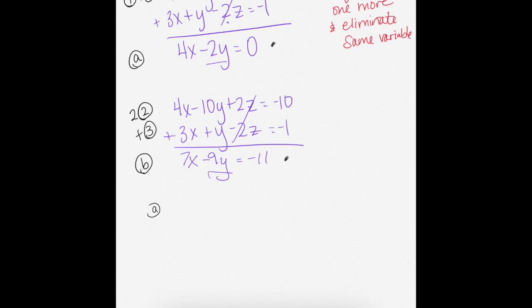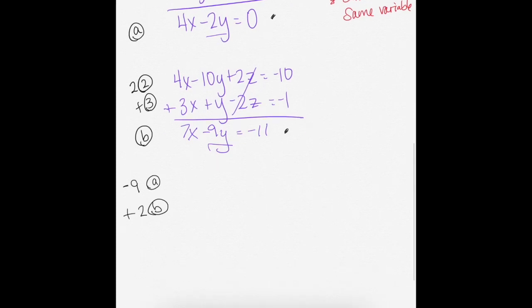I need to multiply equation A by, I'll multiply through by a negative 9. And then I have to take my equation B and multiply through by a positive 2. This is how I create additive inverses in the y variable. So negative 9 times 4 gives me negative 36x.